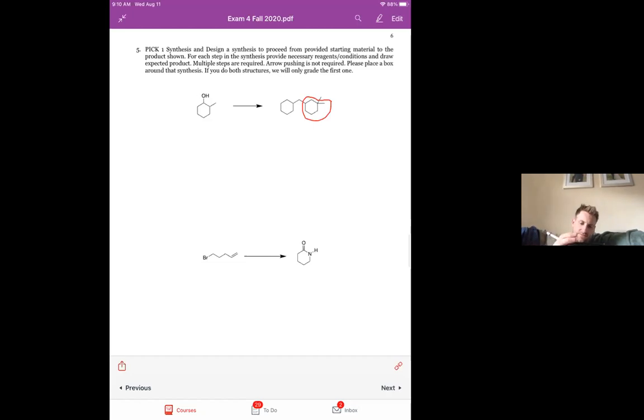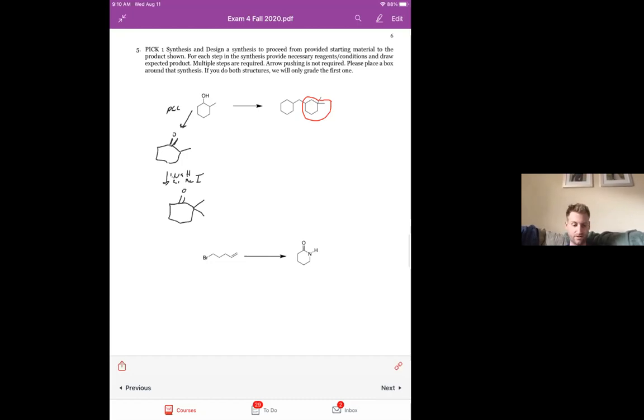So if we oxidize it, we could throw in a small base, methyl iodide, and do an alkylation on our less substituted center.